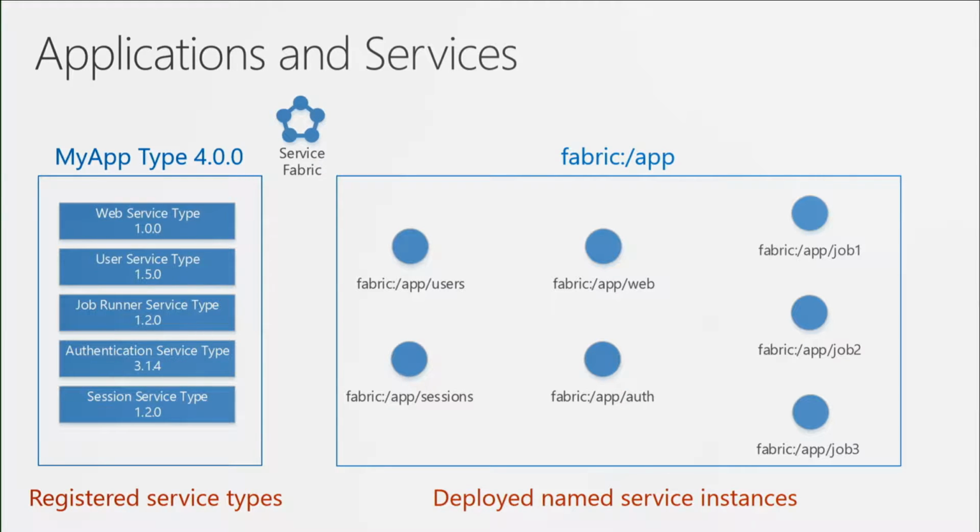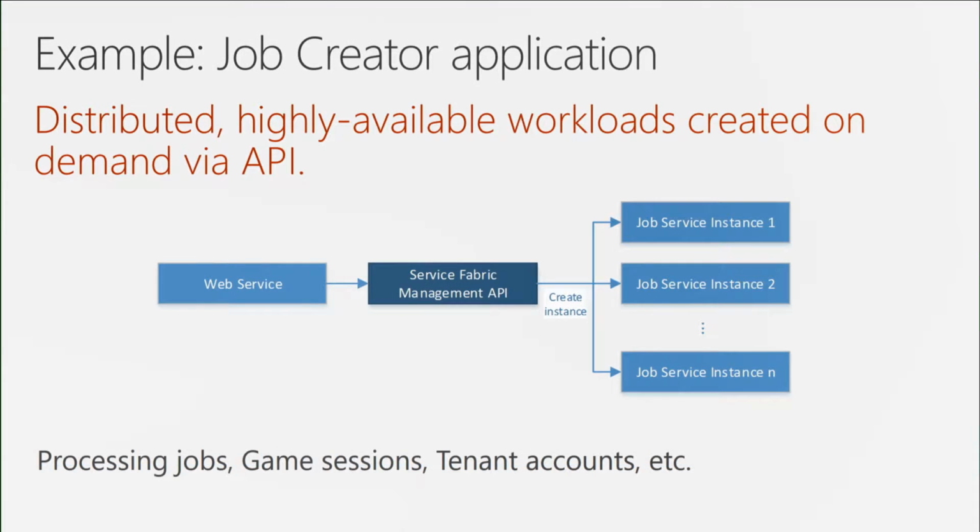You can create hundreds of these things, thousands of these things in a cluster if you want. And this is a very important way of working with Service Fabric. This is actually, I think, one of the biggest differences with Service Fabric and other platforms. One of the things you get with Service Fabric that's pretty unique is the ability to actually do this. And so what I want to show you is a very simple demo of how you can use this technique to do a microservices-like architecture, okay?